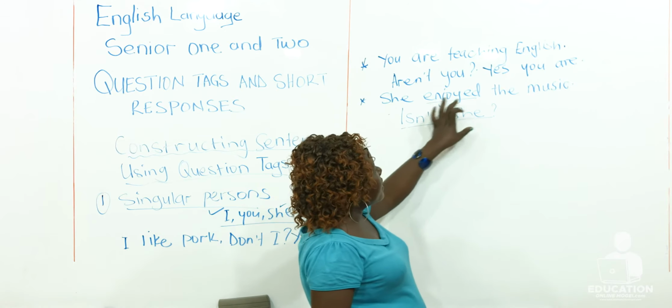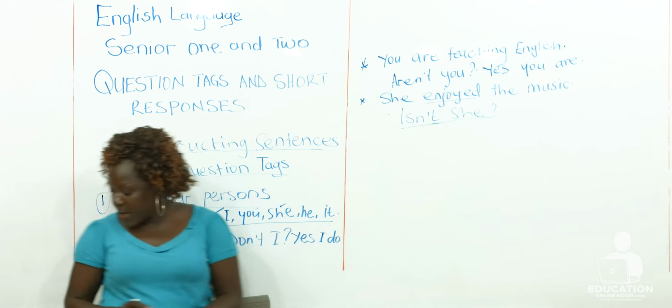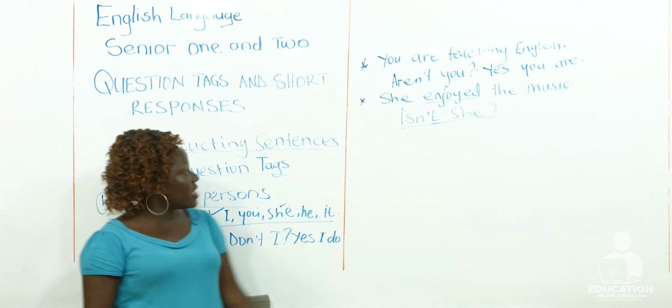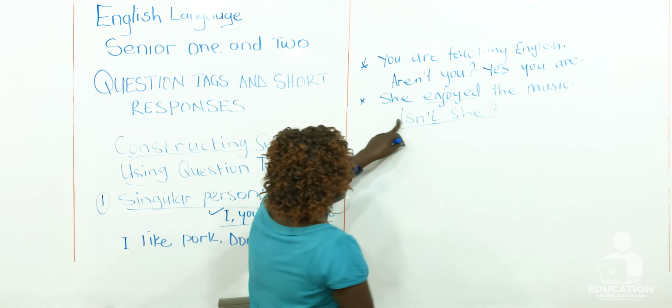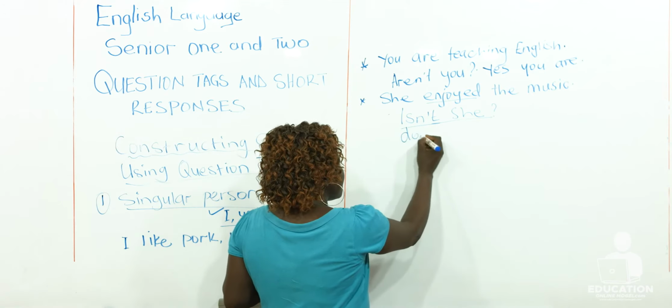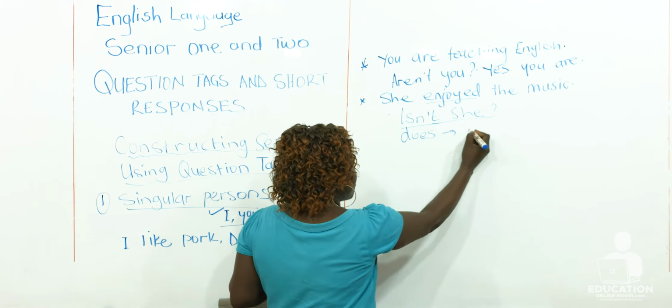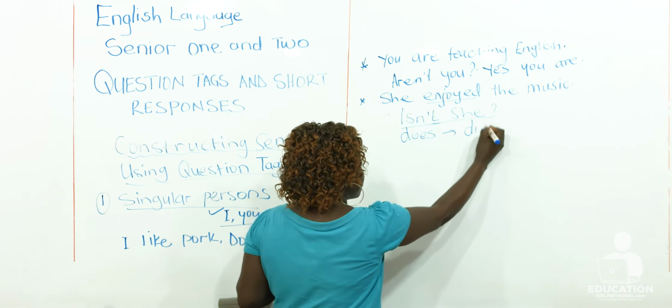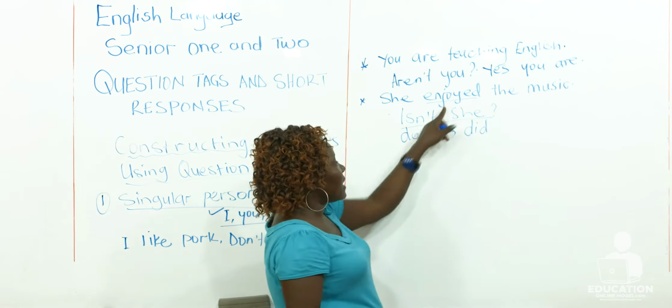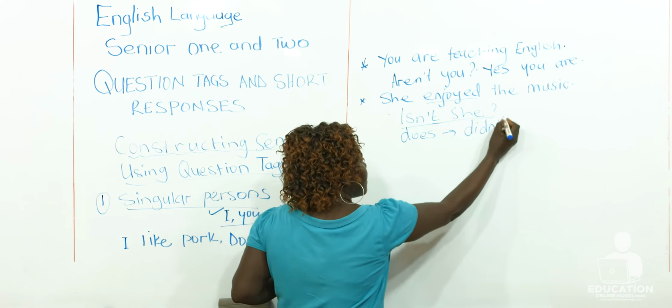She enjoyed the music. Now you will come down and change it: instead of "does", you will now put the past of the word "does", which is "did". And now since it is negative, you will say "didn't".